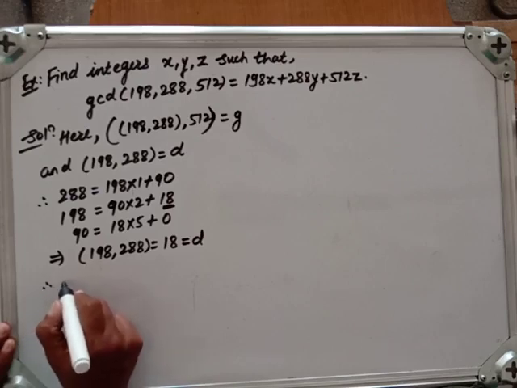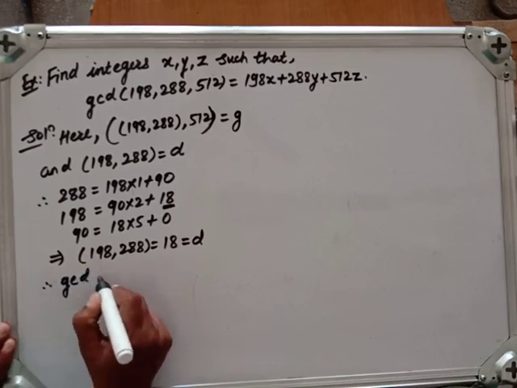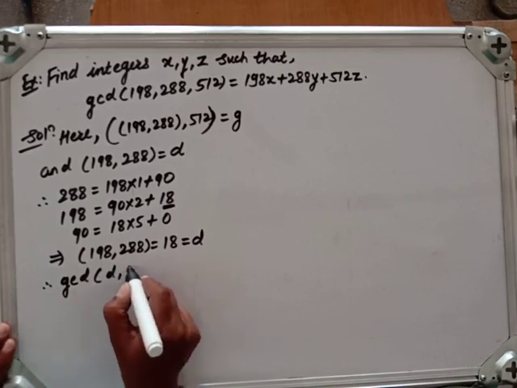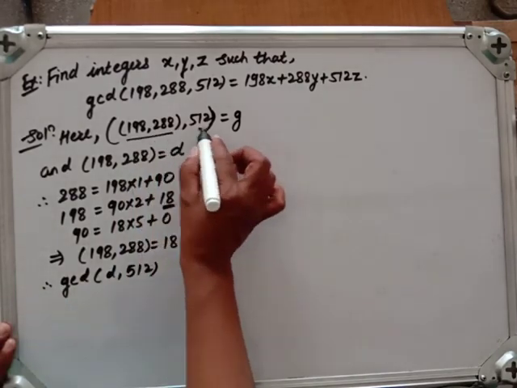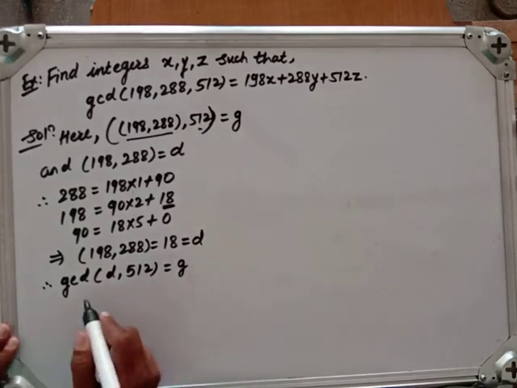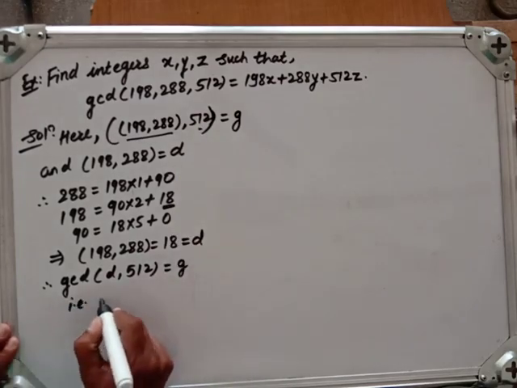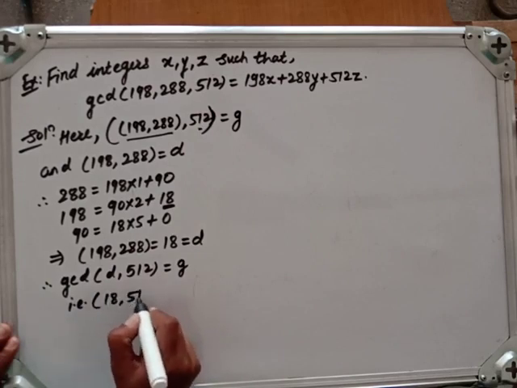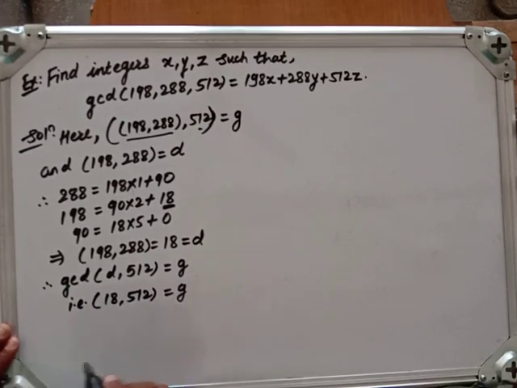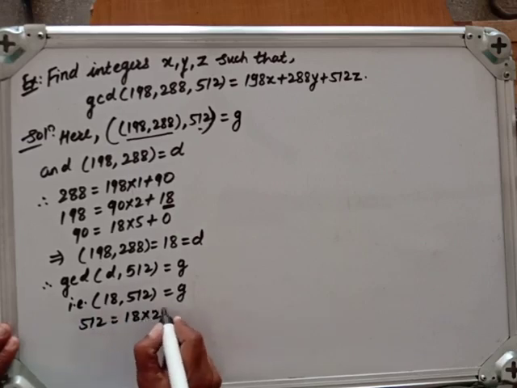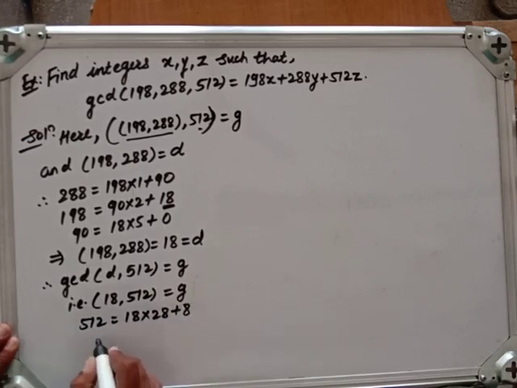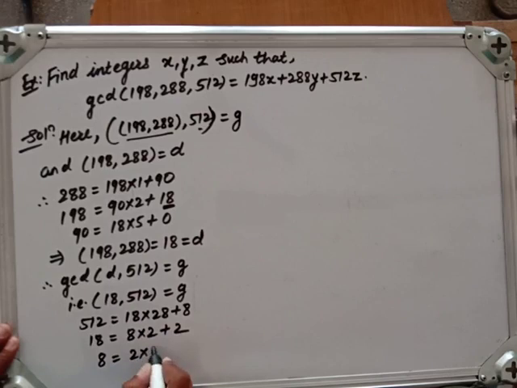Therefore now we have to find the GCD of this D and 512, that will be our G. That is the GCD of 18 and 512. So 512 is equal to 18 into 28 plus 8. 18 is equal to 8 into 2 plus 2, and 8 is equal to 2 into 4 plus 0.